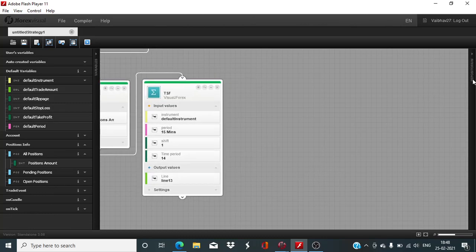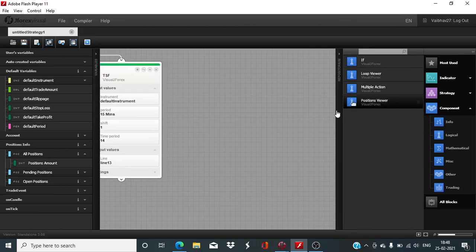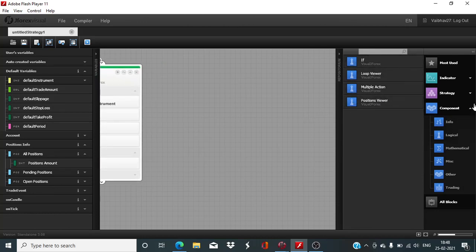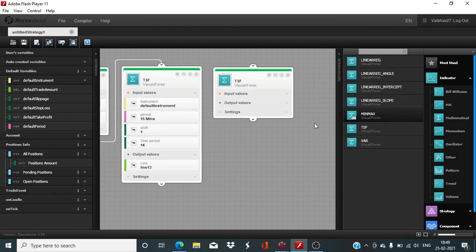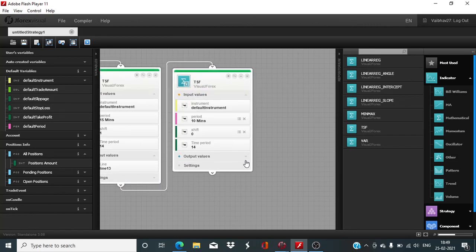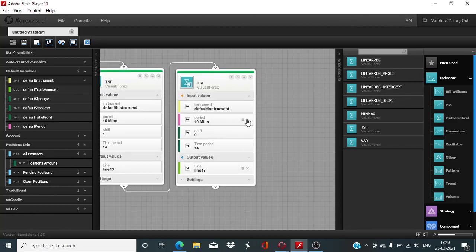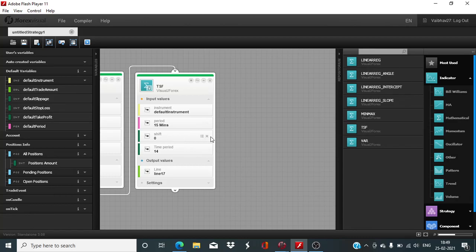So the output value is here, and to do the comparison we will also need another TSF block. This also needs to be changed to 15 minutes. Shift value of 5, and output line.